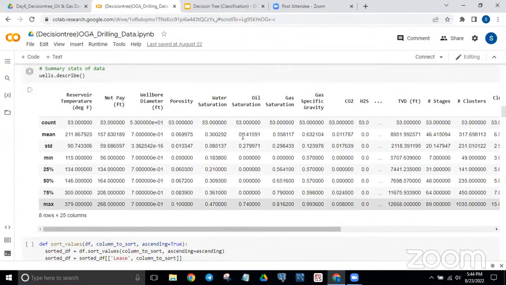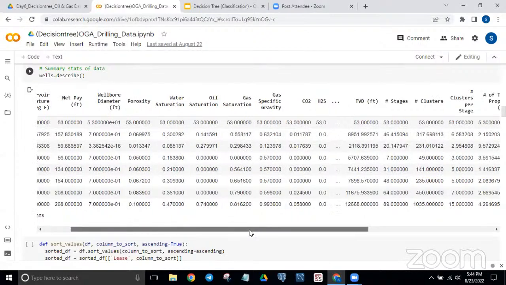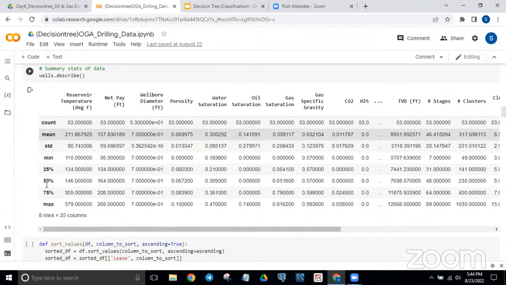Now, if I see the description part, let us look into our output values. Let us look into the maximum and minimum values.